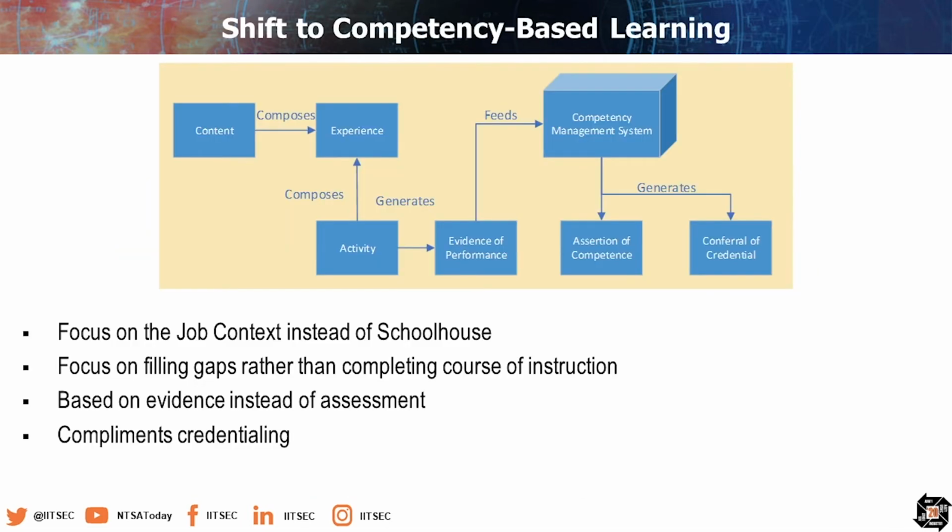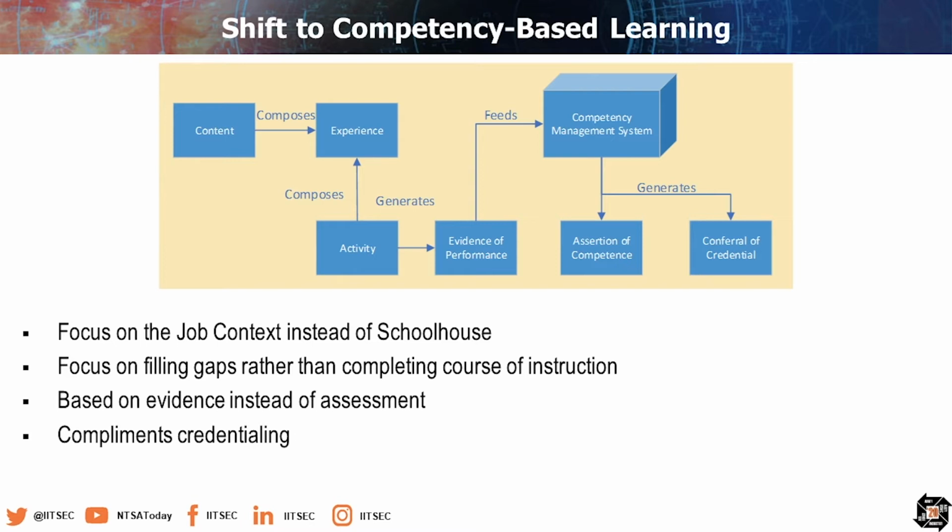All right, lastly, I'm going to talk about competency-based learning, and then we'll turn this over to Brent for a while. But again, we talked a little bit about that shift to competency-based learning. The real big reason for this is that it focuses on the job context and the applicability of what you're learning to actually doing the job on the job site, as opposed to optimizing your ability to get through school and pass the course.